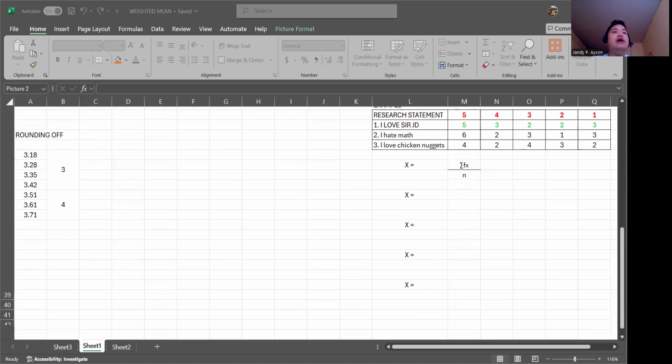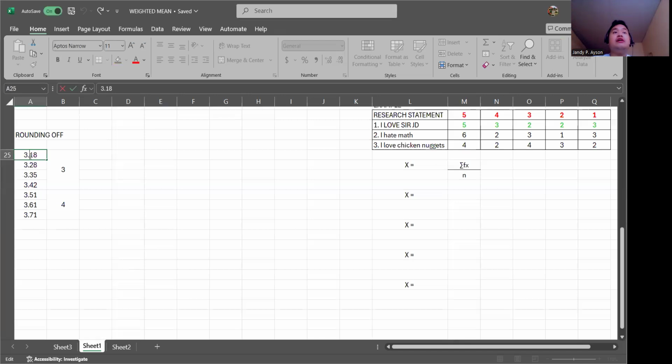Para po sa pag-round off ng ating mga value, you have to remember na ang titingnan natin ay nearest tenths place. Okay, so yung decimal place which is in tenths. Ano ba yung tenths? Ito po yung katabi mismo nung whole number natin na 3.